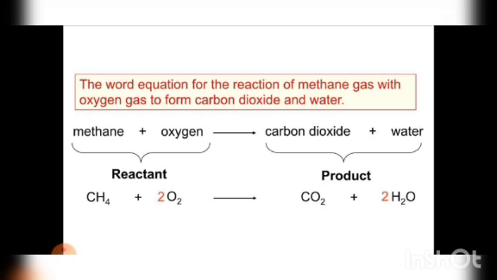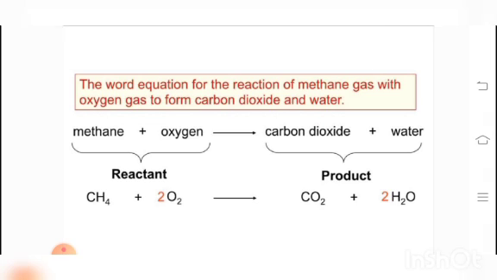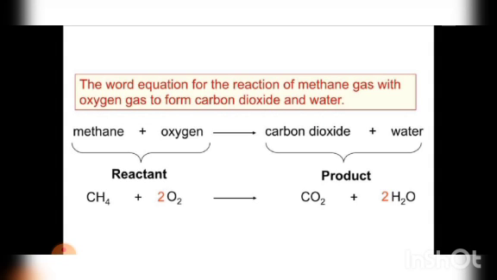At present you can see that this reaction can be represented in equation form, that is CH4 plus oxygen, that is O2, gives rise to CO2 plus H2O. It's balanced here. On the left hand side, if we write only oxygen, there are two oxygen atoms, whereas on the product side there are two oxygen atoms attached with carbon in carbon dioxide and one oxygen atom in water, so that makes three and here two are there.